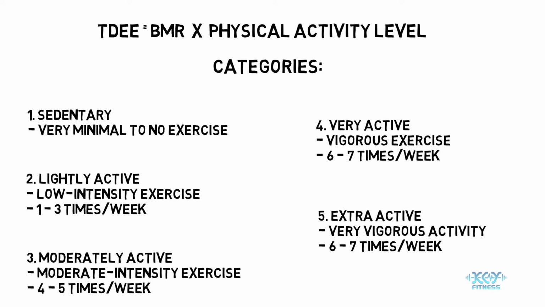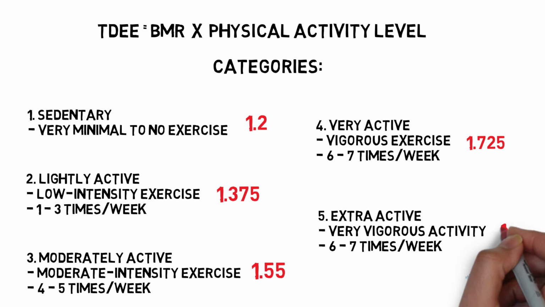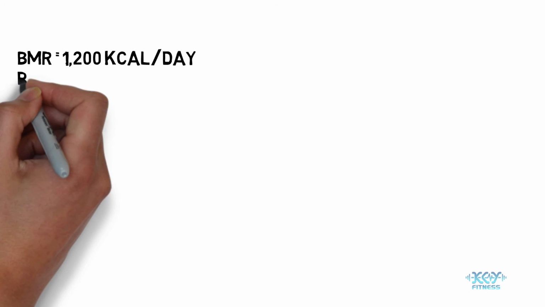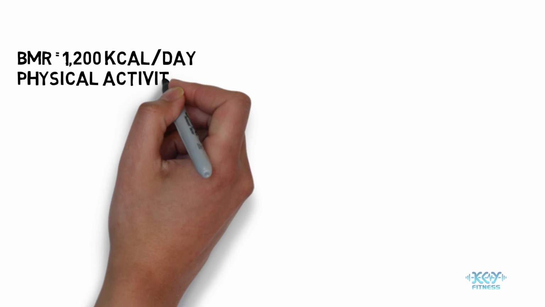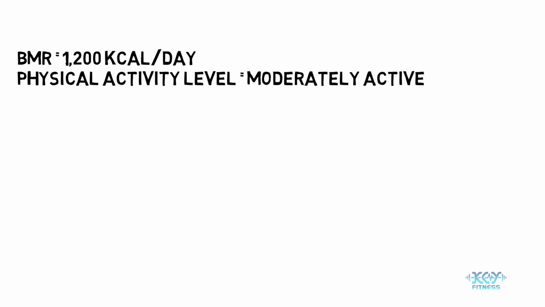7 days per week. Each category has its factor, which is 1.2, 1.375, 1.55, 1.725, and 1.9 respectively. Let's say your BMR is 1200 kilocalorie per day and you are moderately active.